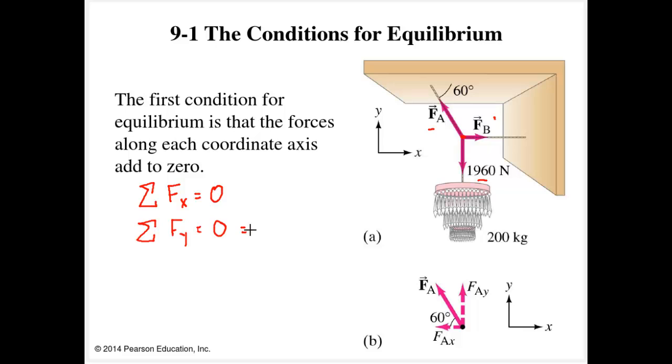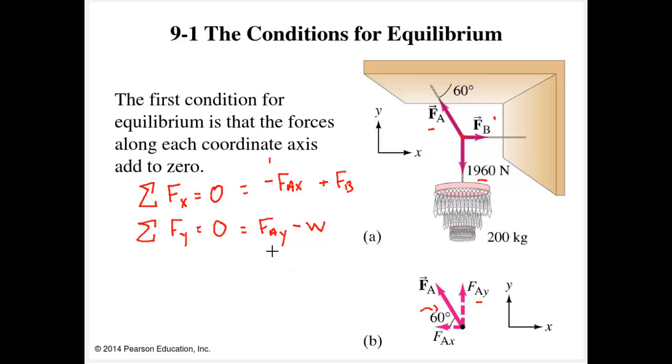In the y direction, we're going to have force A, some component of that in the y direction, which we can figure out knowing the angles, minus the weight. And in the x direction, we're going to have force A x acting in the negative x direction, and force B acting in the positive x direction.